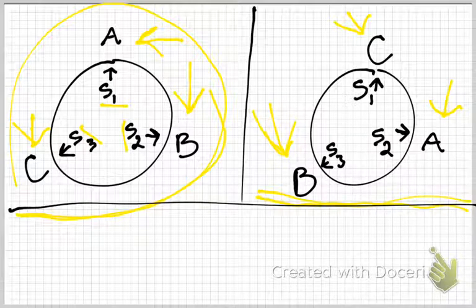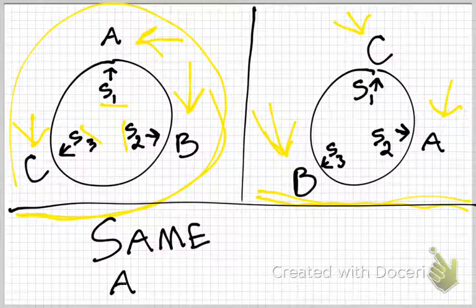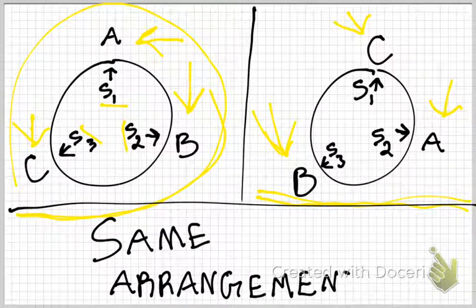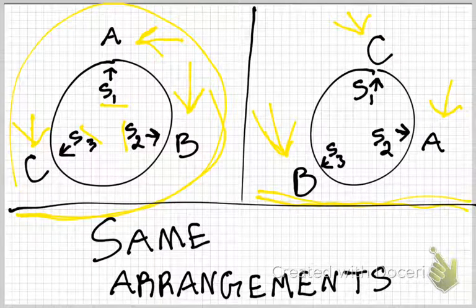Now, if I were doing regular permutations, there is no doubt about it. These 2 permutations would be considered different permutations. But I'm not asking for a regular permutation. I'm asking for circular permutations. And in circular permutations, these 2 arrangements are considered the same arrangement.